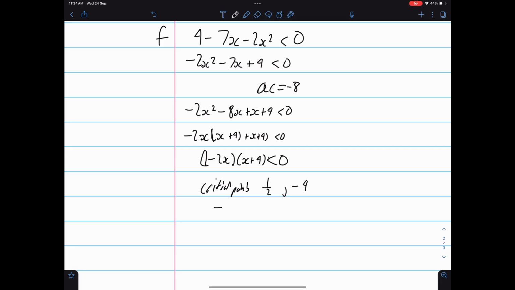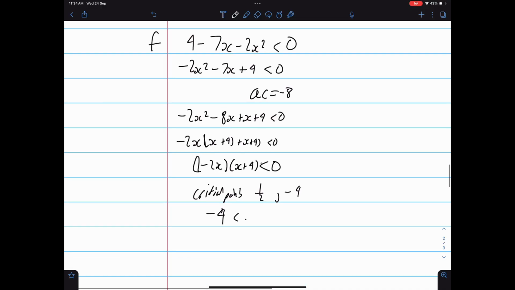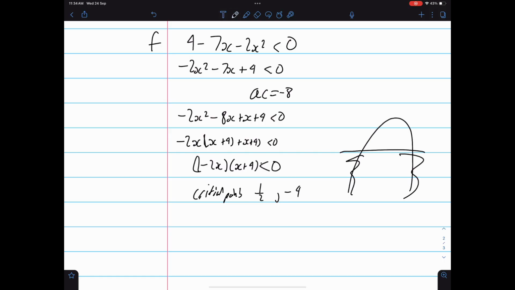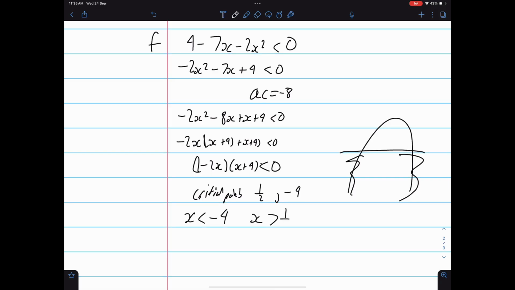So minus 4 and half, and notice how this is a negative parabola. So when we're trying to go less than 0, we actually go away from each other, right? So we want x to be less than -4 and x to be greater than 1/2.